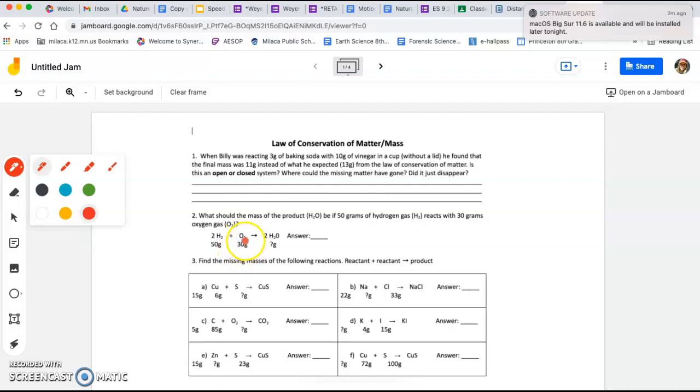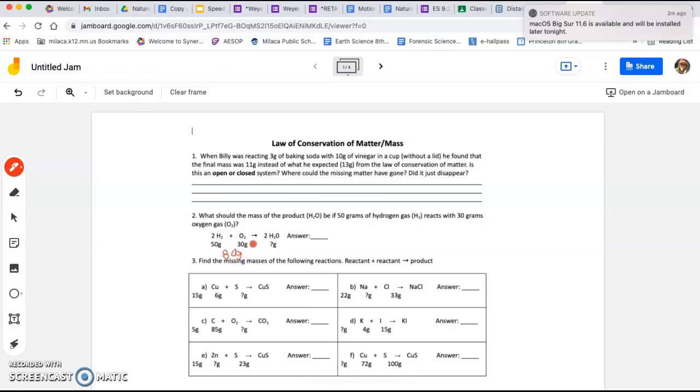Don't overthink this. I have 50 and I have 30. So I start with 80 grams, because that's 50 plus 30, of reactant.